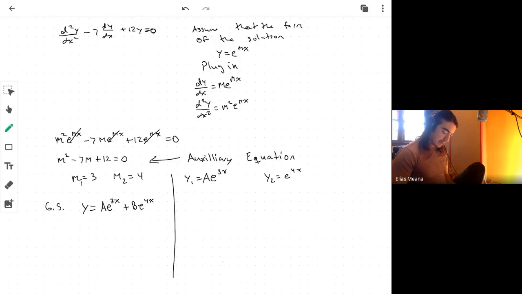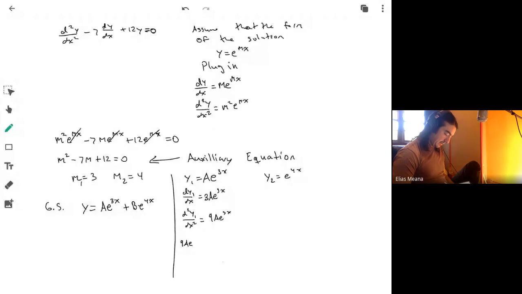Well, dy1 dx is just equal to 3a e to the 3x, and d squared y1 dx squared is just equal to 9a e to the 3x. If I plug these into the differential equation, I end up with 9a e to the 3x minus 7 times 3a e to the 3x, and then plus 12 times a e to the 3x.